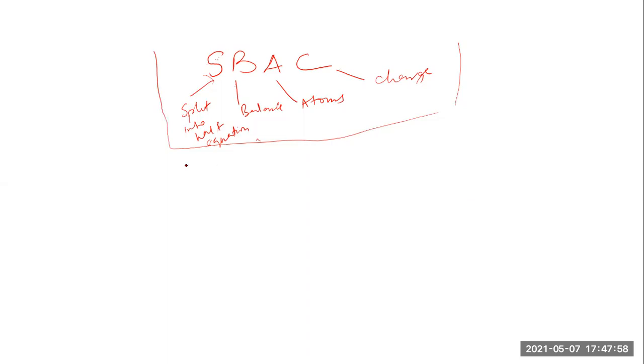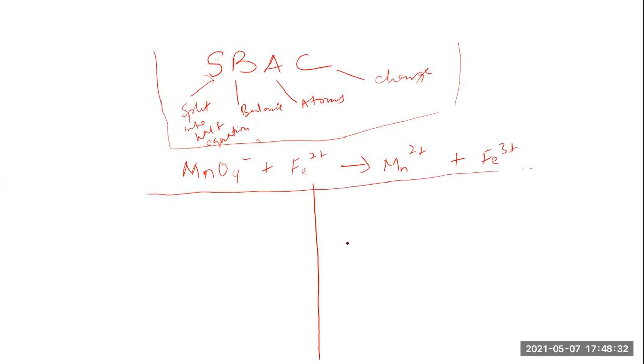So basically the question you have is MnO4- plus iron 2 plus to give you Mn2 plus and iron 3 plus. For me to balance this equation, the first thing is I will split it into half equations.